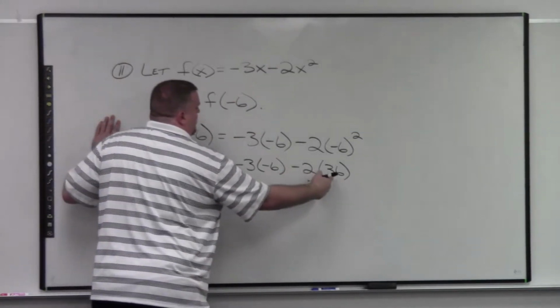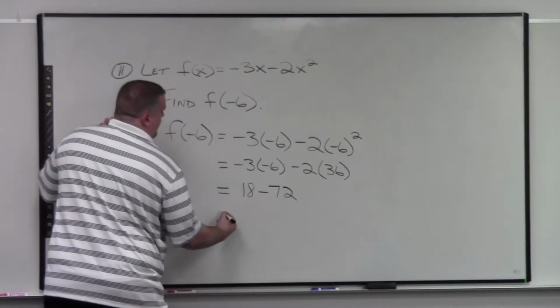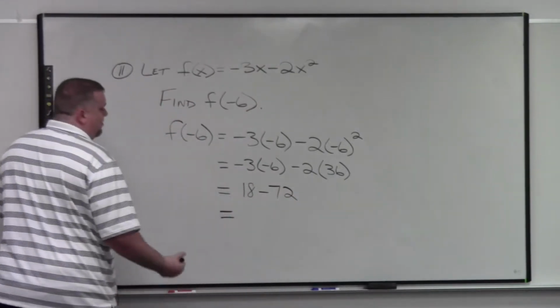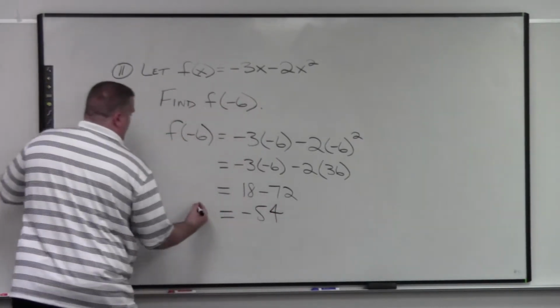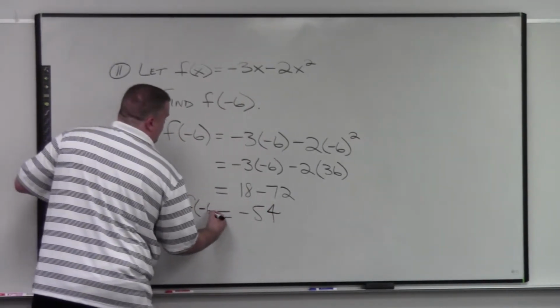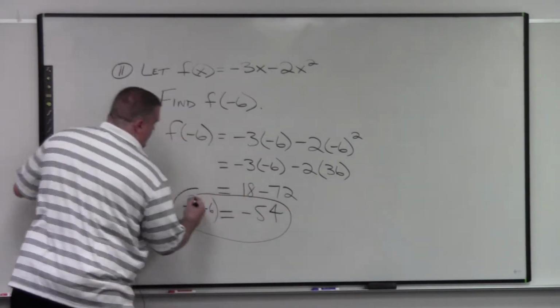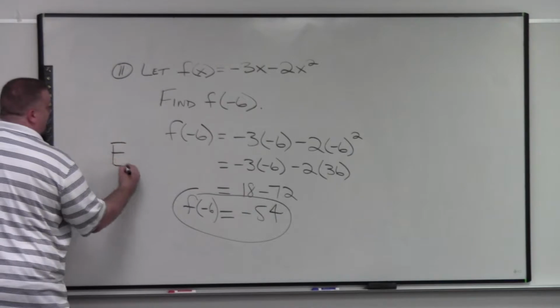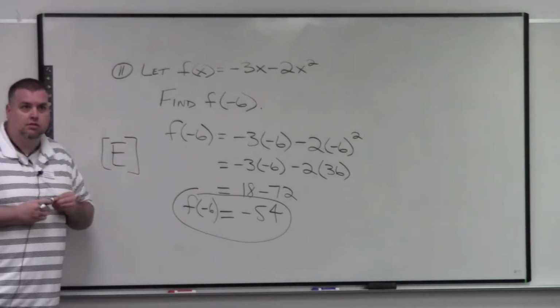And negative 2 times 36, negative 72. And then 18 minus 72, negative 54. So f of negative 6 ends up giving us negative 54. Yep, and that is answer choice E. Thank you. All right, any questions on that one?